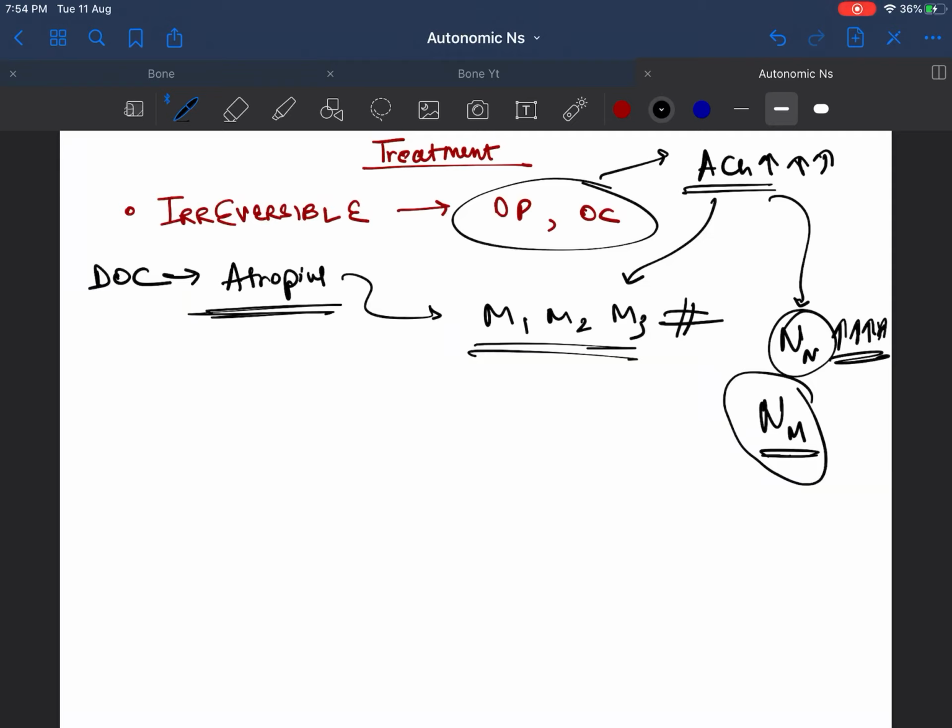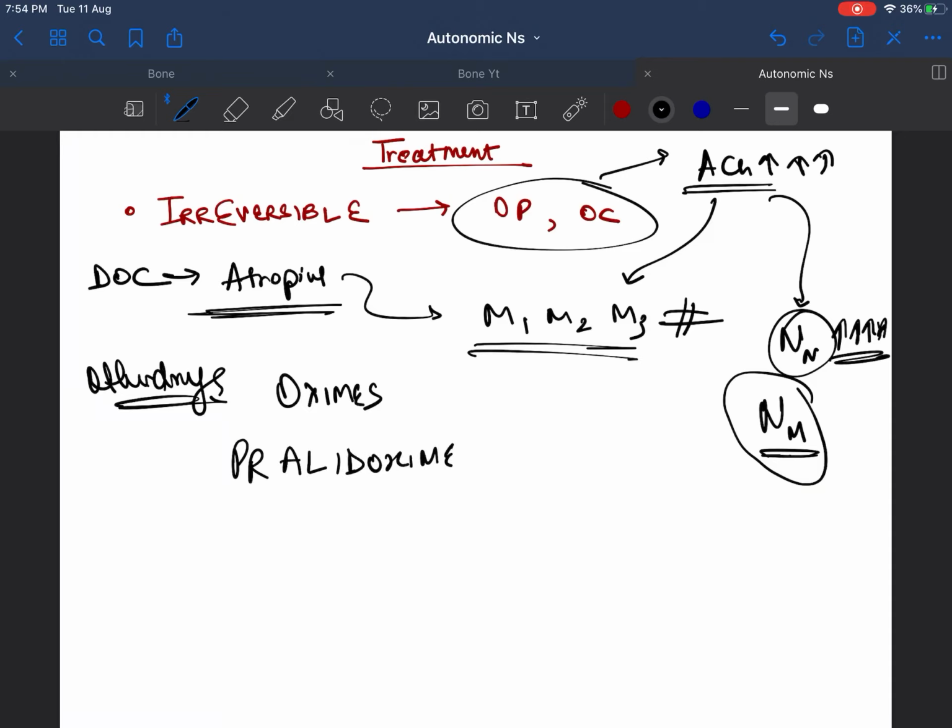Other drugs which are used against these are actually the oximes. So we have two types of oximes. We have pralidoxime, and we have diacetyl monoxime. This is longer acting, by the way.